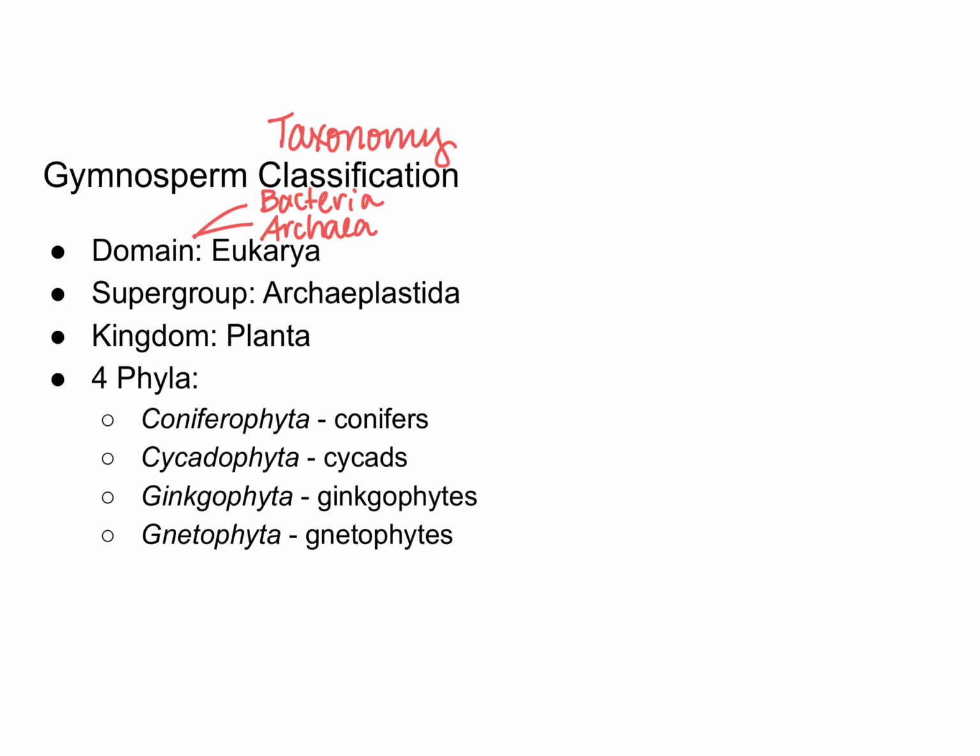Plants are in the supergroup Archaeplastida, and this includes plants, but it also includes some protists, specifically the red and green algae. Plants are then classified in kingdom Plantae, and this should have an E on the end of it, so I apologize for the spelling error.